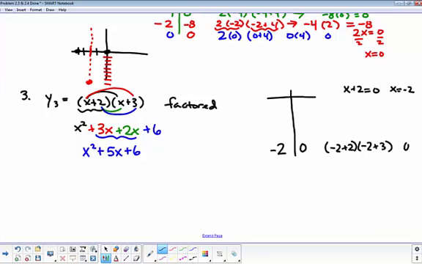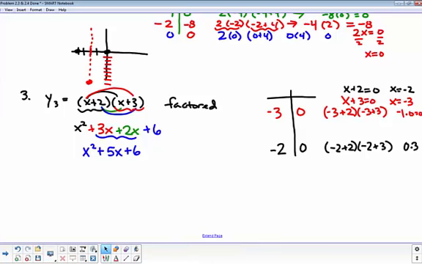That's 0 times 1, which is 0. The other one is x plus 3. When does that give us 0? And that's at negative 3. So negative 3 also gives us 0. Again, if you plug negative 3 into both x values, you get negative 1 times 0, which again is 0.